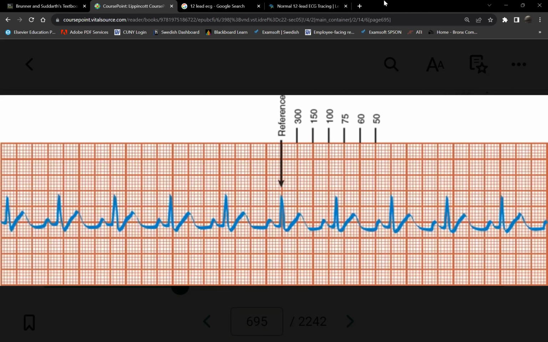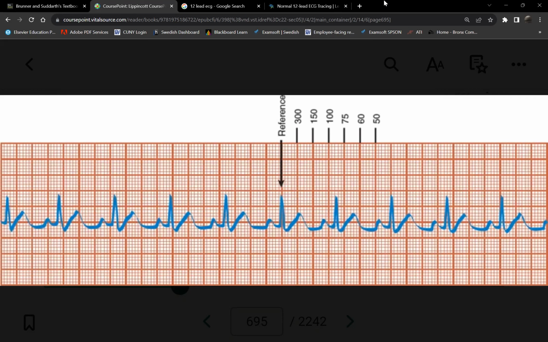We know it starts here because it left the isoelectric line. And then where does it end? Right here, where it returns to the same isoelectric line. It'll be the same for the Q, R, and S waves, and then the T wave. So there's some imaginary straight line from which all of the waves and complexes left and returned to.